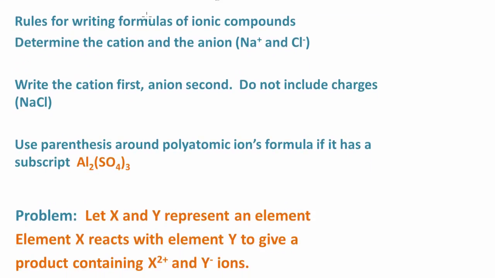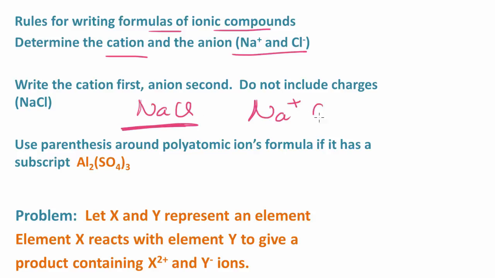So a few rules for writing formulas of ionic compounds. Determine the cation and the anion. Okay. You always write the cation first and the anion second. Never, ever use charges when writing a formula. So, for example, the formula for sodium chloride is this. If you write it like this, it is wrong. Okay? So never include the charges.